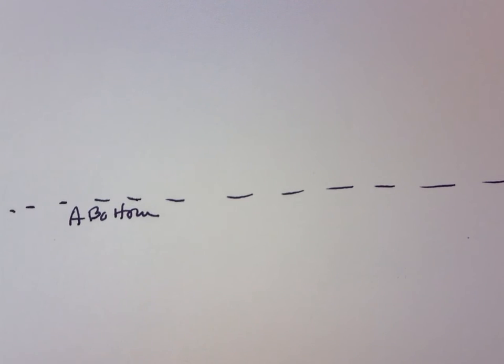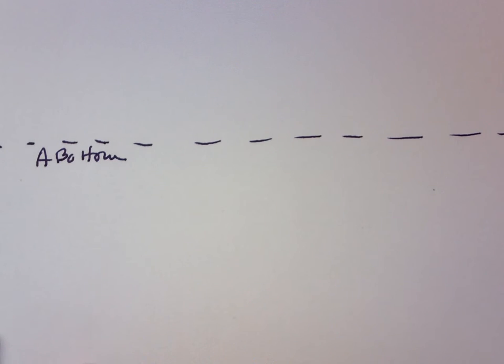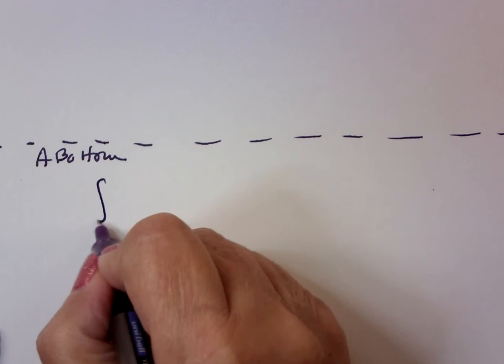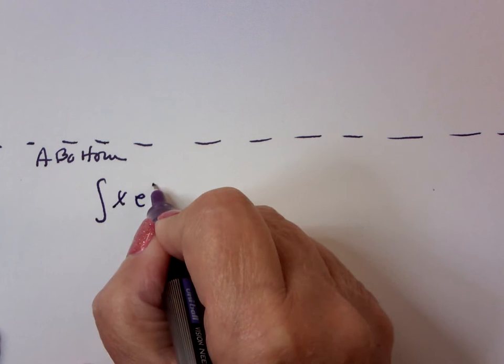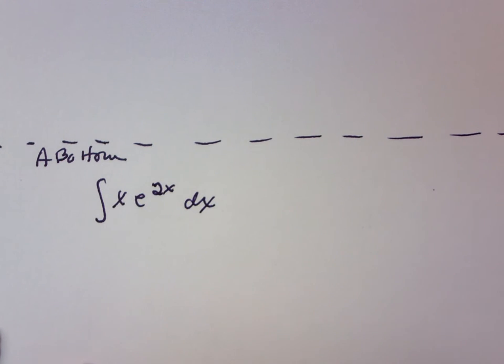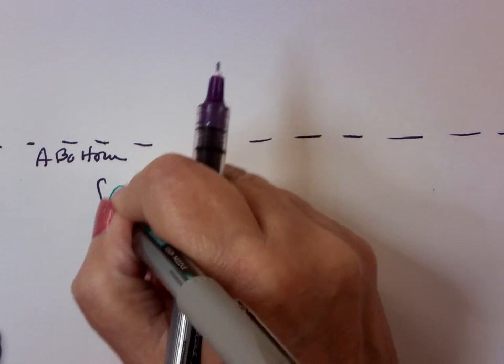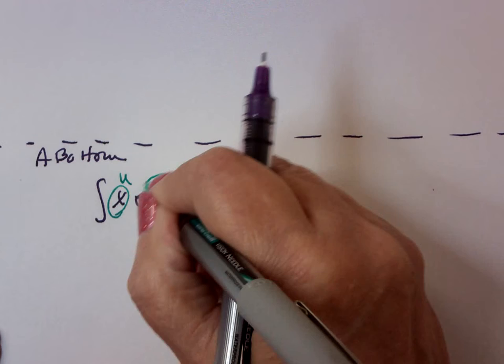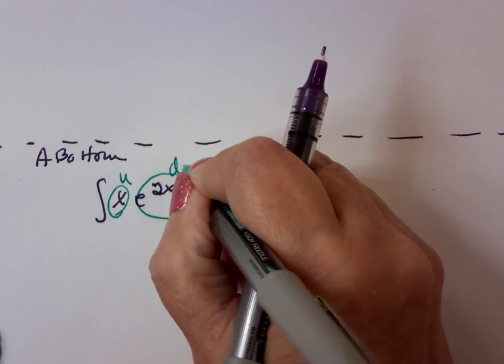And so what do I want to do? I want to do the integral of x e to the 2x dx. So we've been there. We've done this once, right? So this guy's got to go away, and this guy is the one that gets integrated.